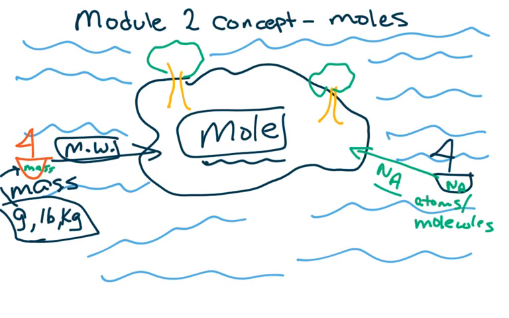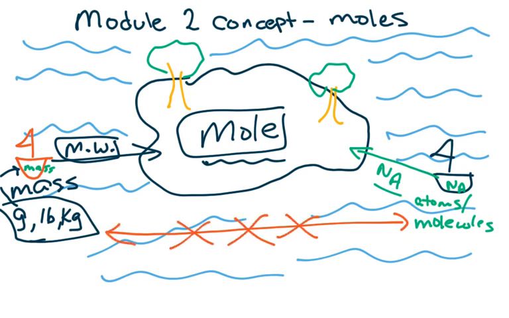Okay. Now, one very important concept about Mole Island and all the boats that get you there. You cannot, and I can't stress this enough, you cannot jump from one boat to another boat. It doesn't happen.